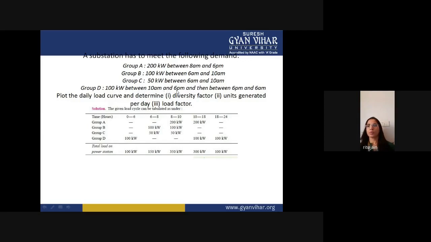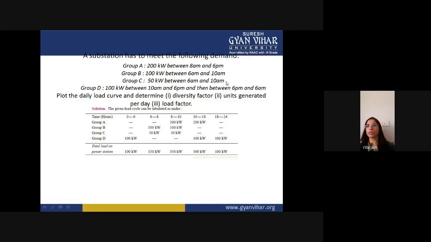And 10 a.m. to 6 p.m. you require 200 kilowatt. Okay. Now 10 a.m. to evening 6 p.m. you require 200 kilowatt, 100 kilowatt.